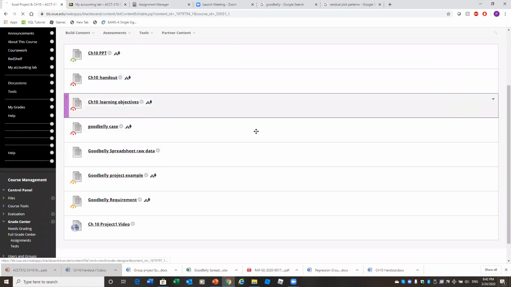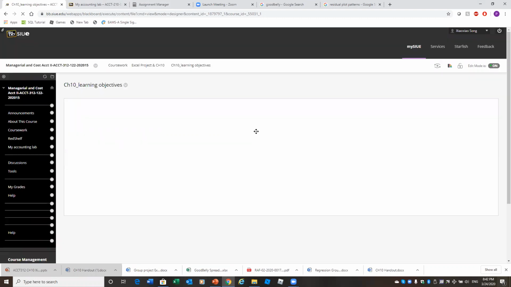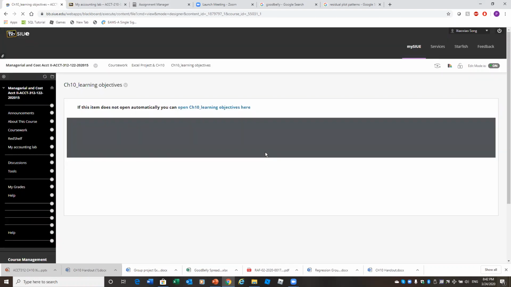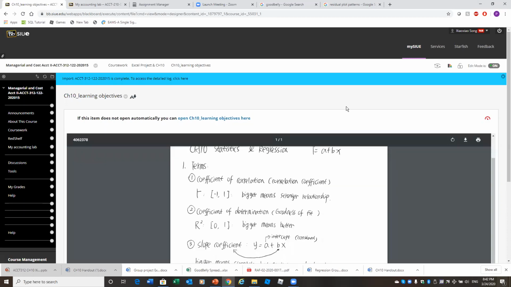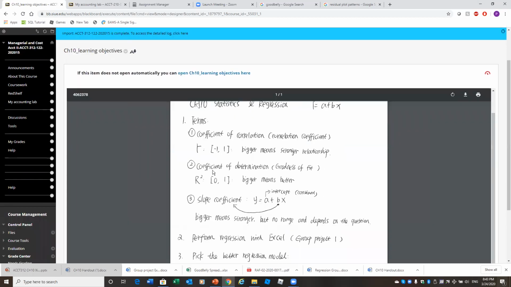Learning objectives. You just need to know these three or four parts. Some terminology: the coefficient of correlation, you need to know it is from -1 to +1, but R square has to be 0 to 1.